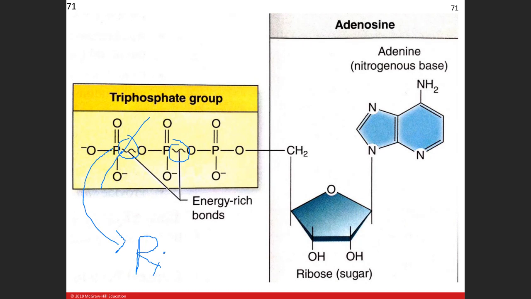But that process of snapping off that phosphate group will release energy, and so the cell can do stuff when that energy is released. We'll talk more about the importance of ATP, but I just wanted you to have an idea of what that looks like.